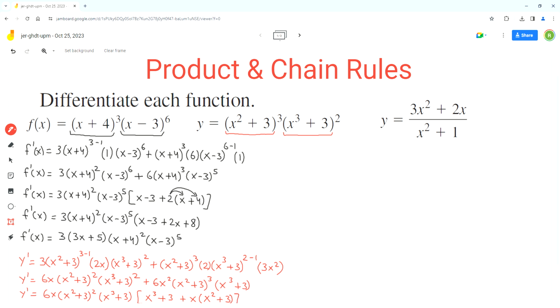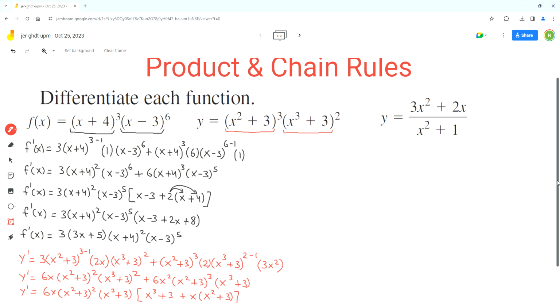So there's a very tricky step because the terms are a bit confusing, right? So we have to be very careful when we do common factoring for a step like this one. So now we can simplify the terms in the parentheses. So we get y prime equals 6x, then (x squared plus 3) squared, and then (x cubed plus 3).